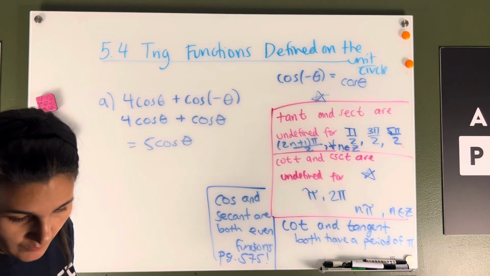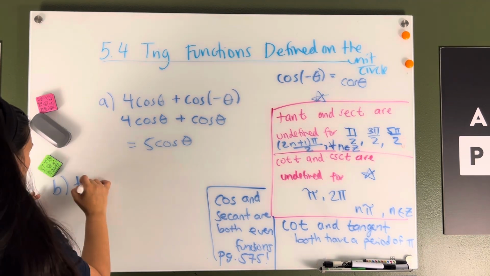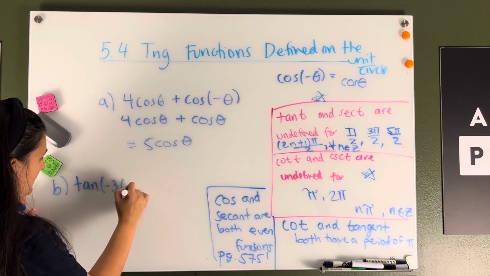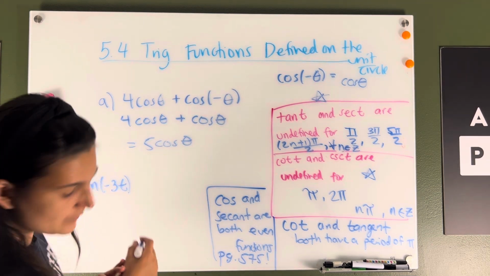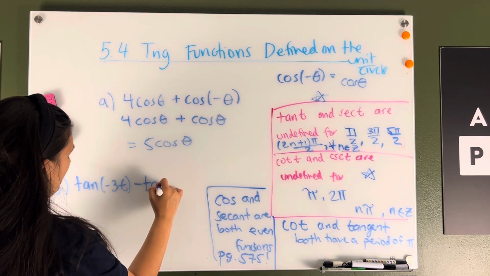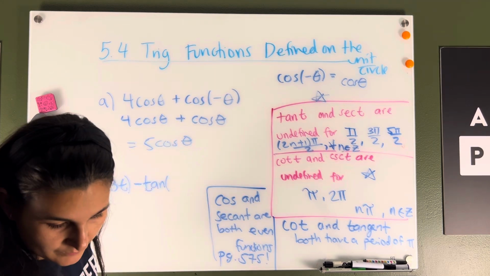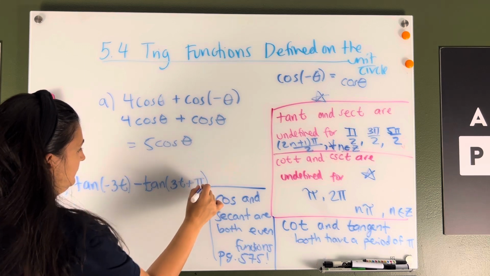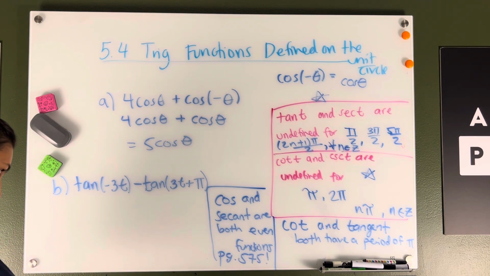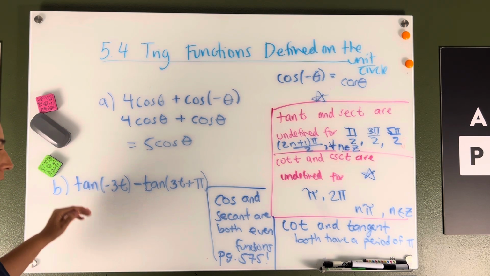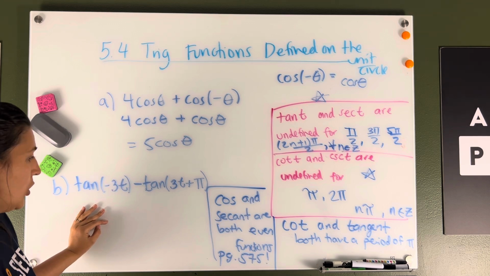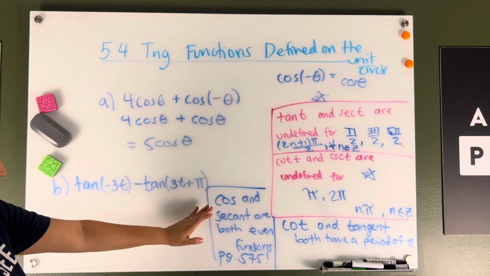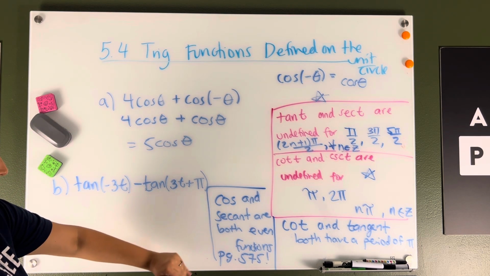For part B, we have, can you simplify tangent? Okay, now here, we know that only cosine and secant are even functions, the rest of them are odd.